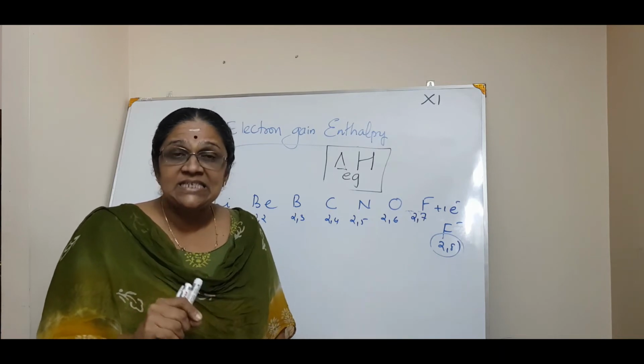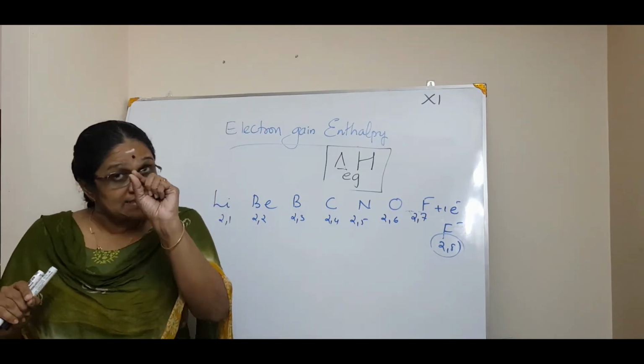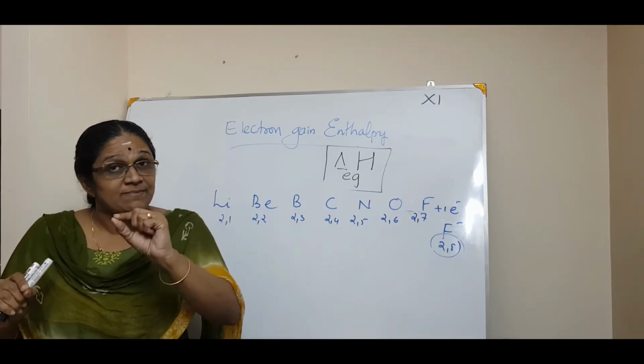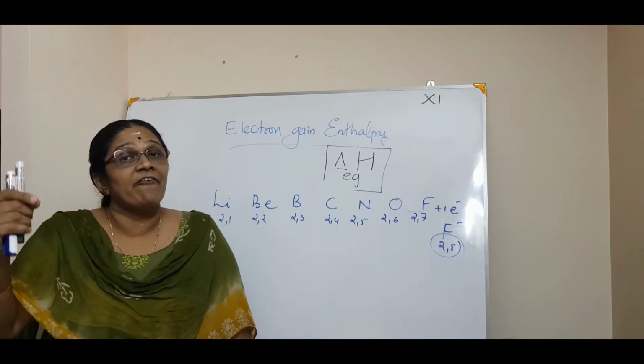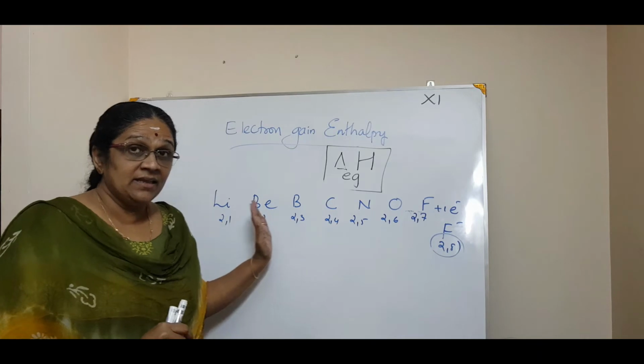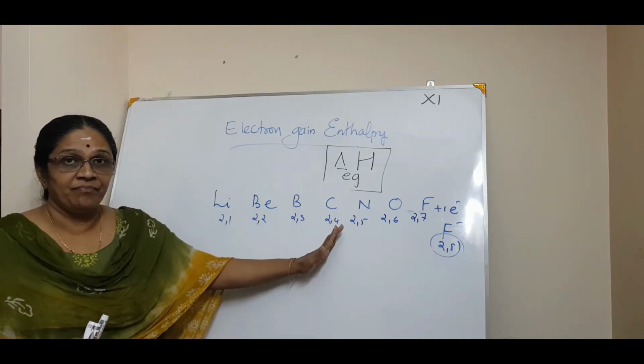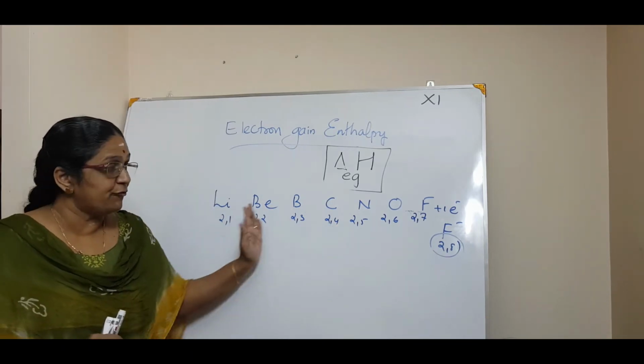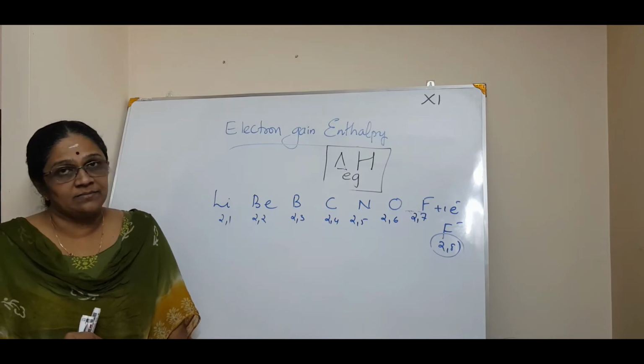That means fluorine has got the greatest tendency to accept an electron and form the F minus ion. This is with the periods. Got it? From left to right in a periodic table.